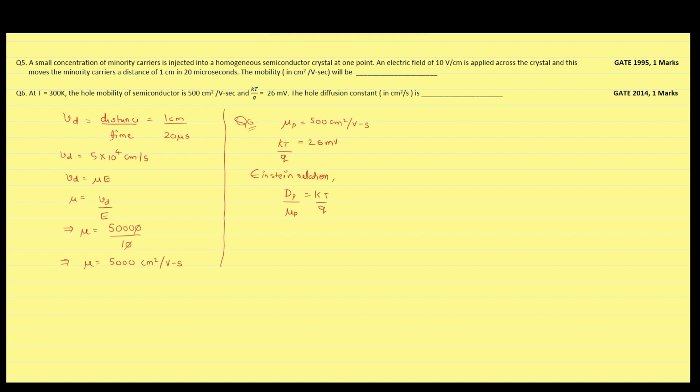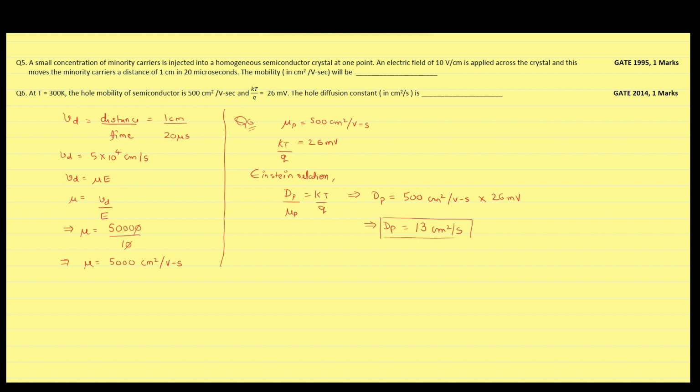Therefore, diffusion constant is equal to 500 centimeter square per volt second multiplied by 26 millivolt, which will give the value of diffusion constant to be equal to 13 centimeter square per second.